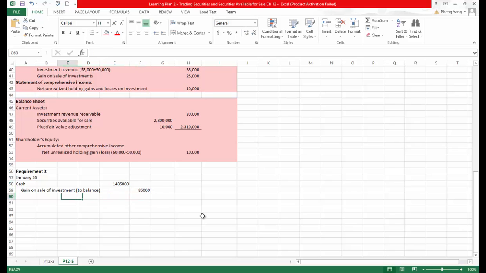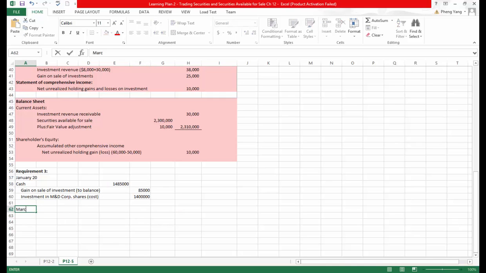I meant credit. Every time we have a gain, it's a credit. A loss is a debit. And then we're going to take the investment off the books at the cost amount, because it's reported at cost of $1.4 million. So that's how that looks.